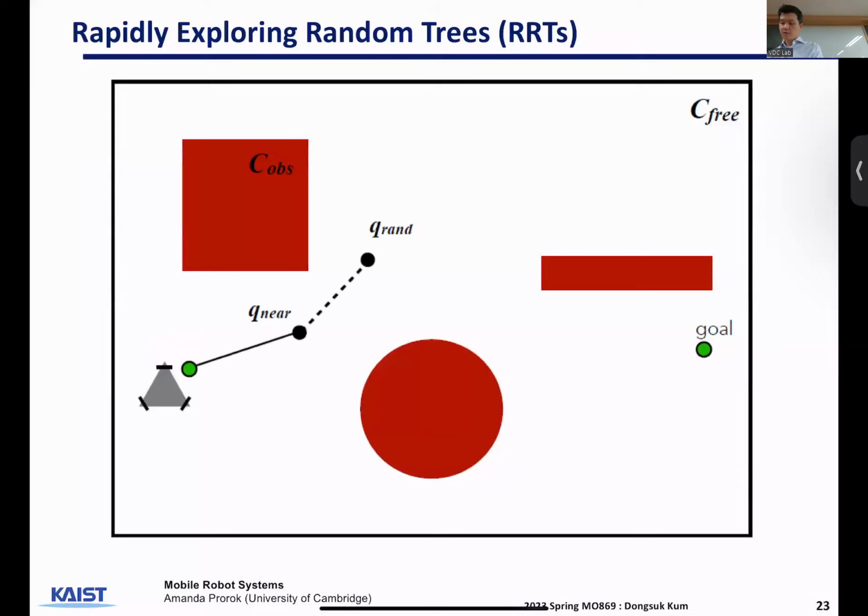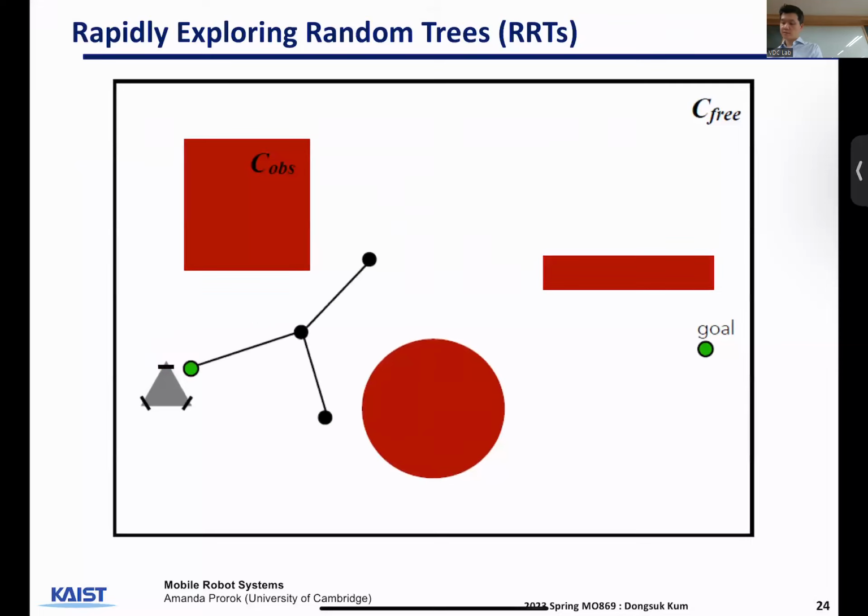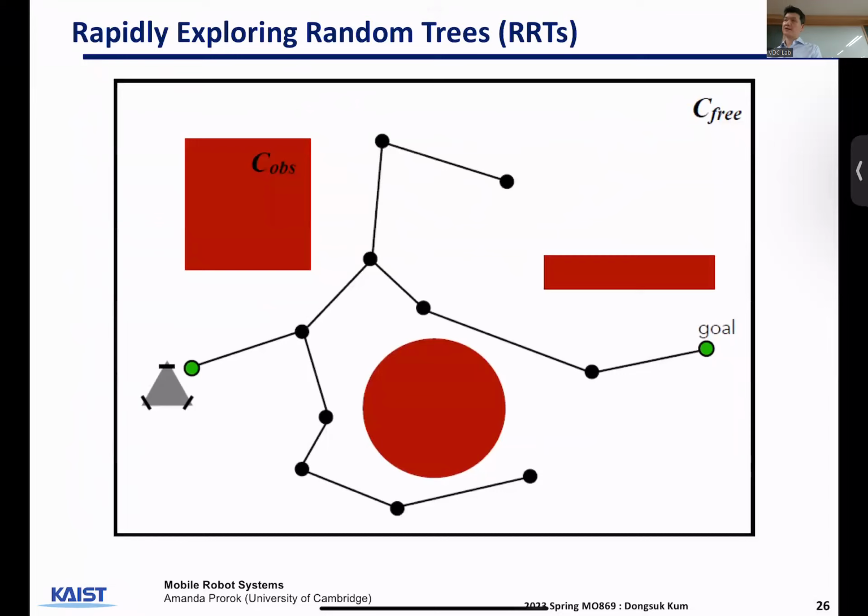And then we continue making trees randomly, and hopefully find the path to the goal. The random part comes in when we sample the nodes, and it emphasizes the rapidly exploring part, because we sample as we go.